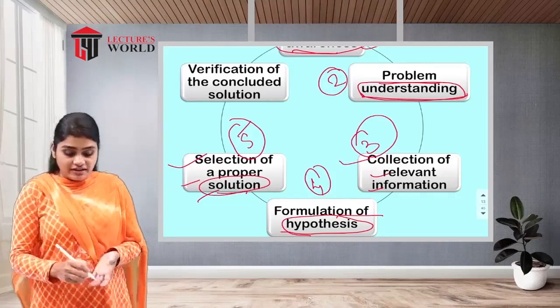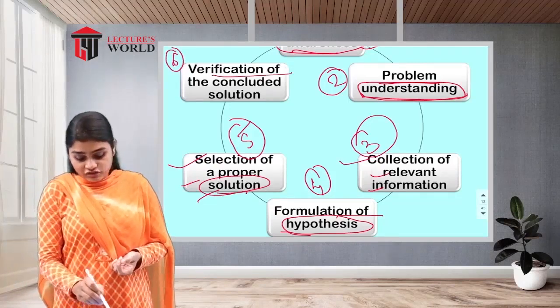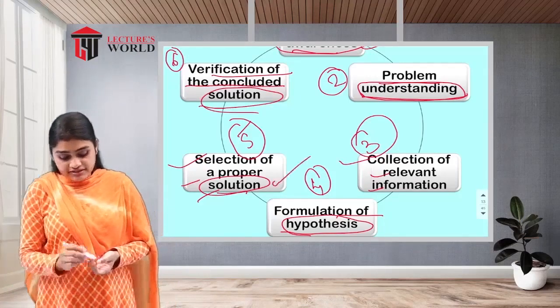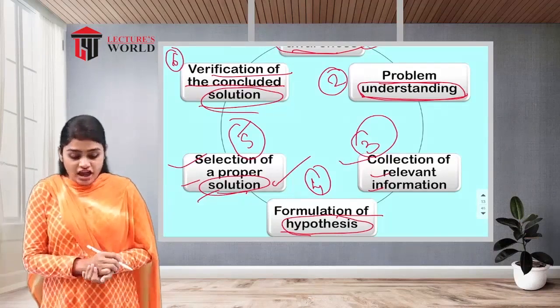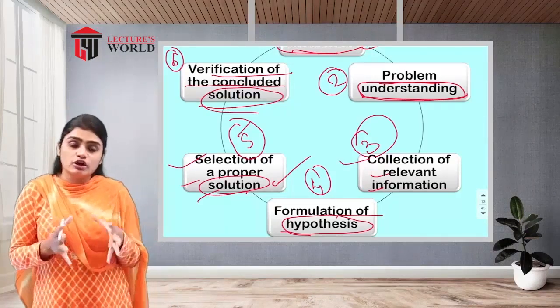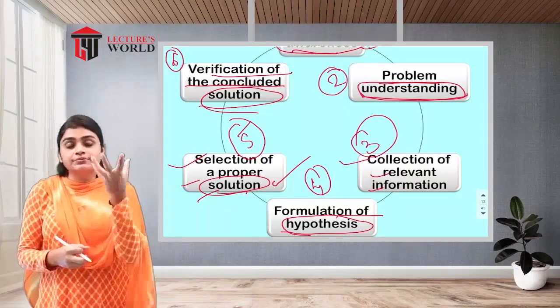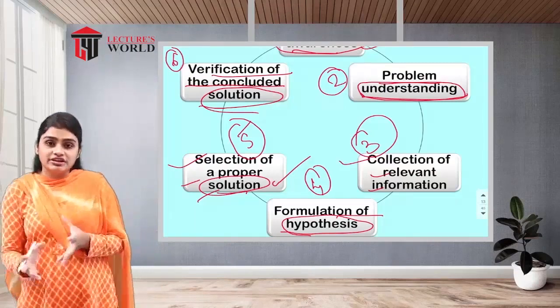And after that, the last one we have to do is verification of the concluded solutions. Here we have already selected the solution, and in this sixth step we have to verify the concluded solution. That means whether that problem has been sorted out or not.